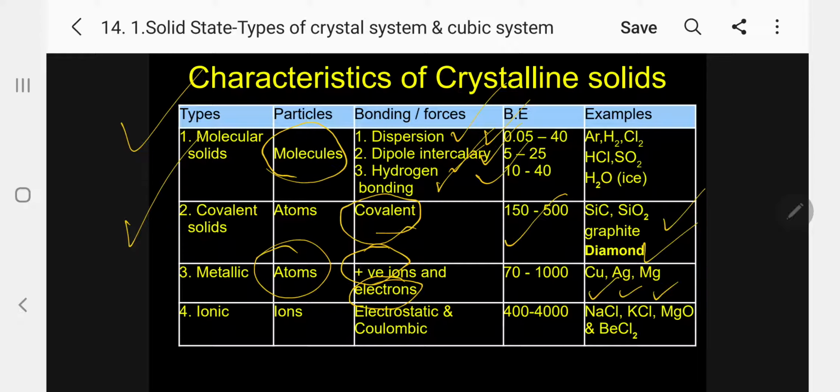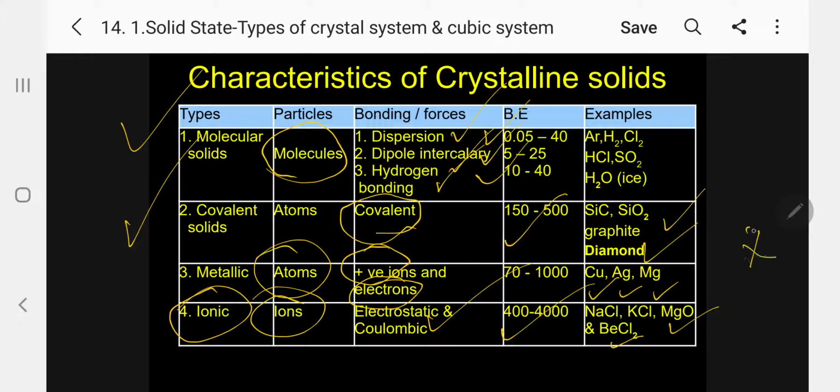magnesium. Examples. Coming to 4, ionic solids, crystalline solids. Ions are the particles. Force, electrostatic or coulombic force, is a very high binding energy because of positive and negative ions, 400 to 4000 kilojoules. Examples: sodium chloride, potassium chloride, magnesium oxide, beryllium chloride.